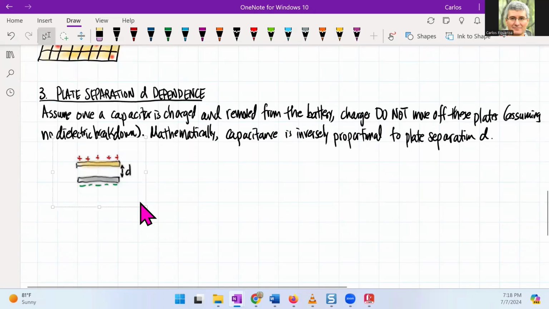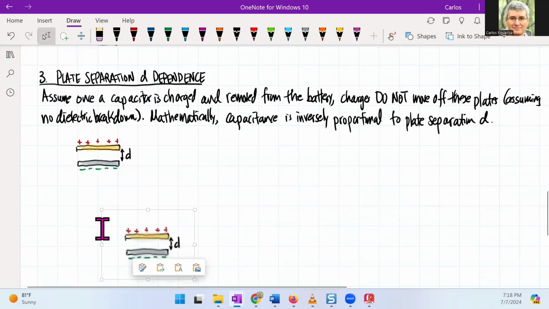So now what I want to compare this to, I want to compare it to a capacitor that's farther apart.